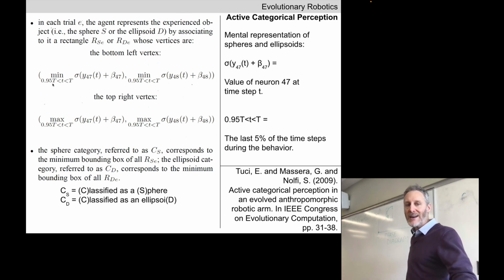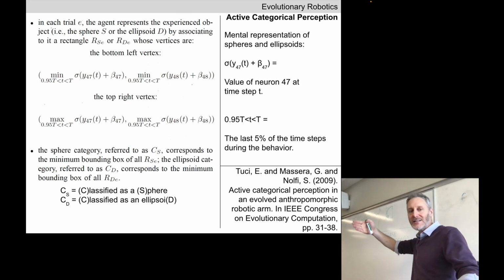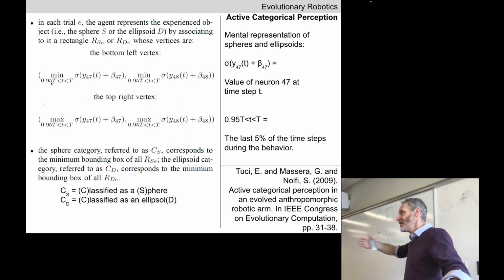So let's have a look at the math. They're looking over the last 5% of time. If uppercase T is the very last time step in the simulation, they're going to look at all the lowercase t's between 0.95 uppercase T, 95% of the way through the simulation, to T, the end of the simulation.